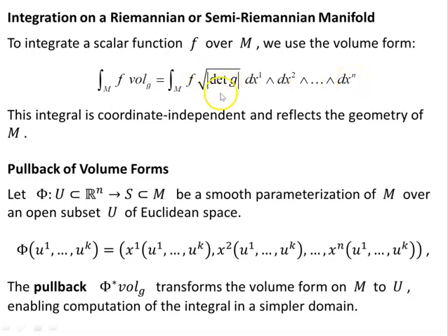So what might f be? Well, in general relativity, or special relativity, f might represent some sort of energy density, and you're going to integrate it over a part of space-time.